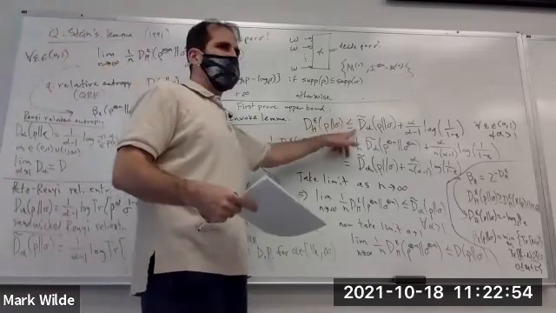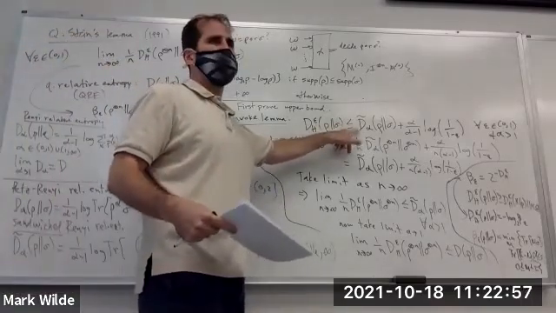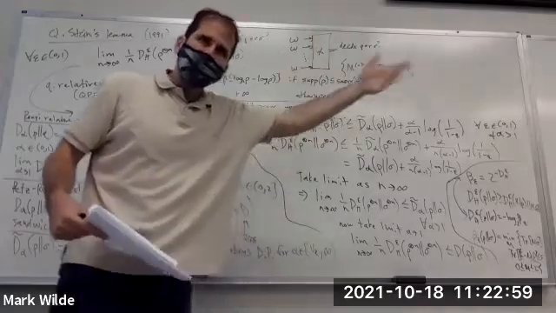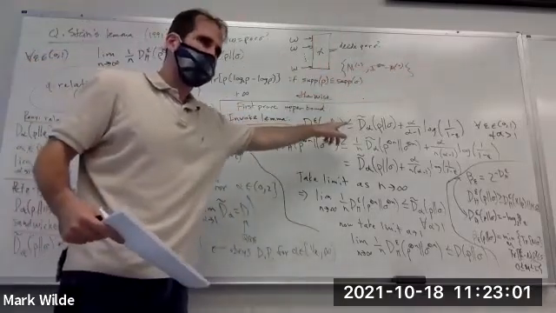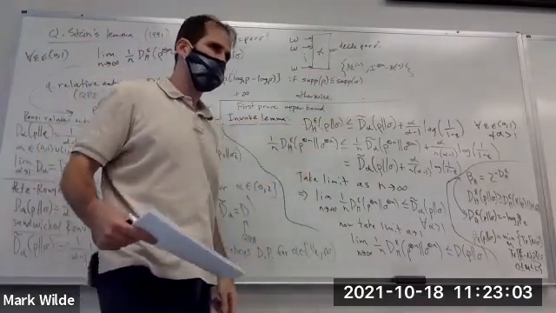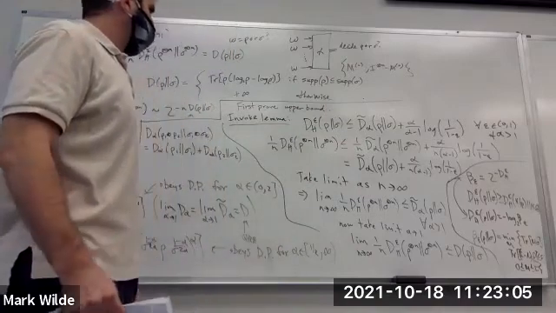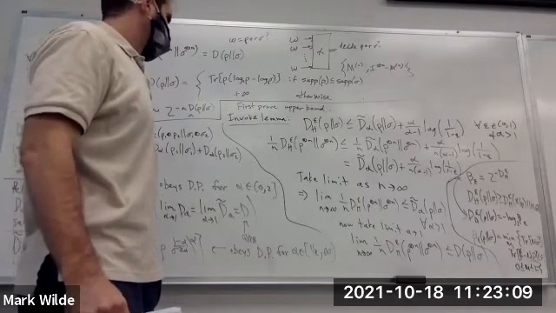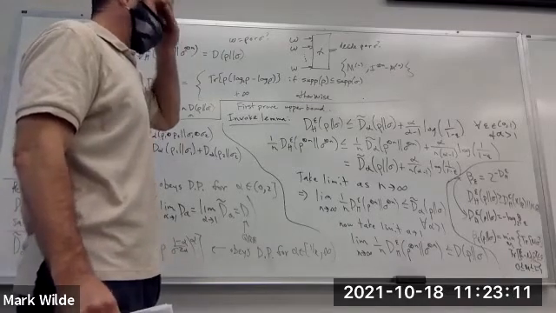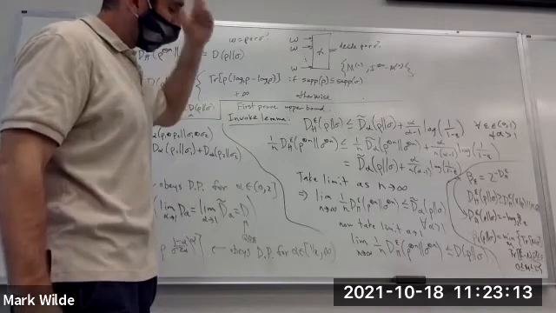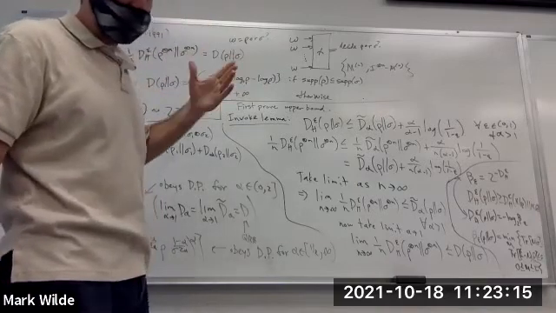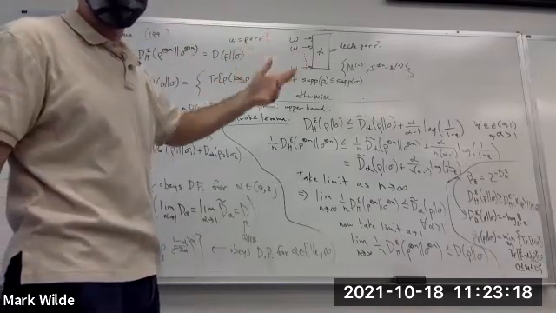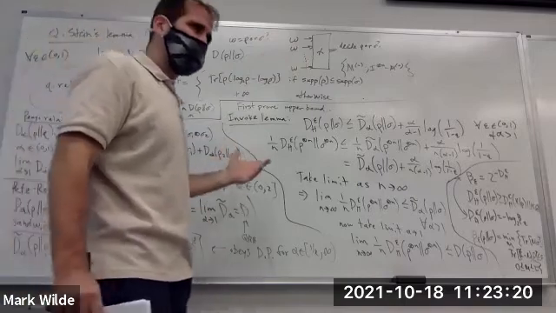That was the key tool that we used to prove this inequality, data processing under the measurement. So that's a relatively short proof of the quantum Stein number, but we did skip steps. Okay. Any questions about this?